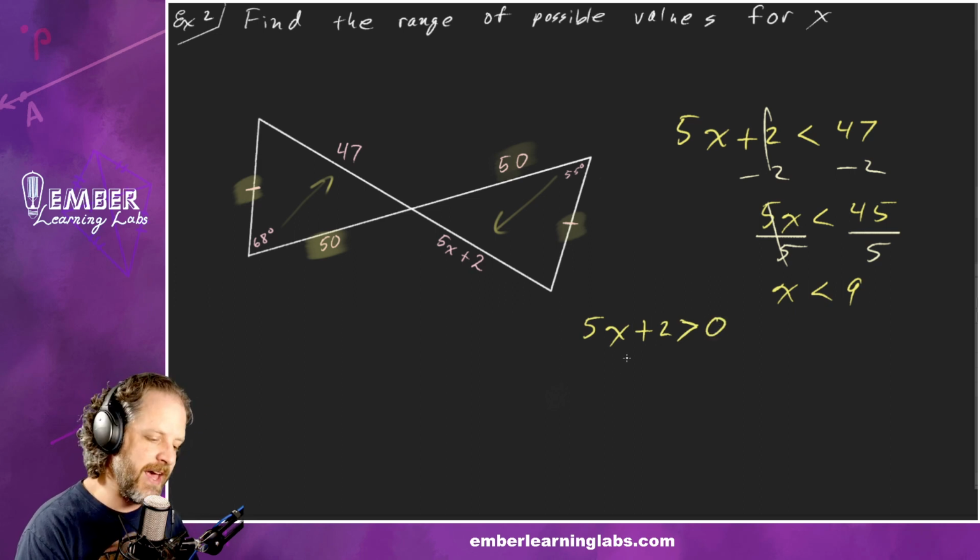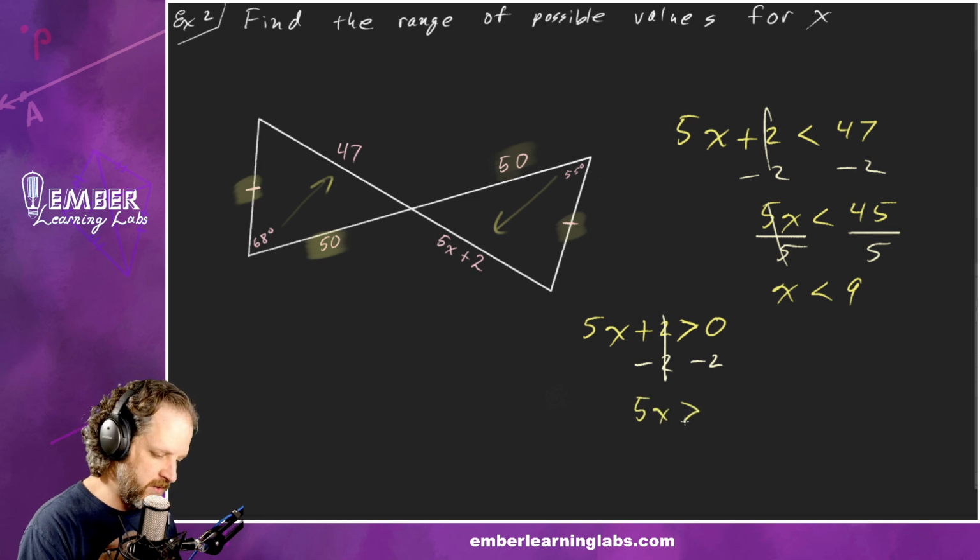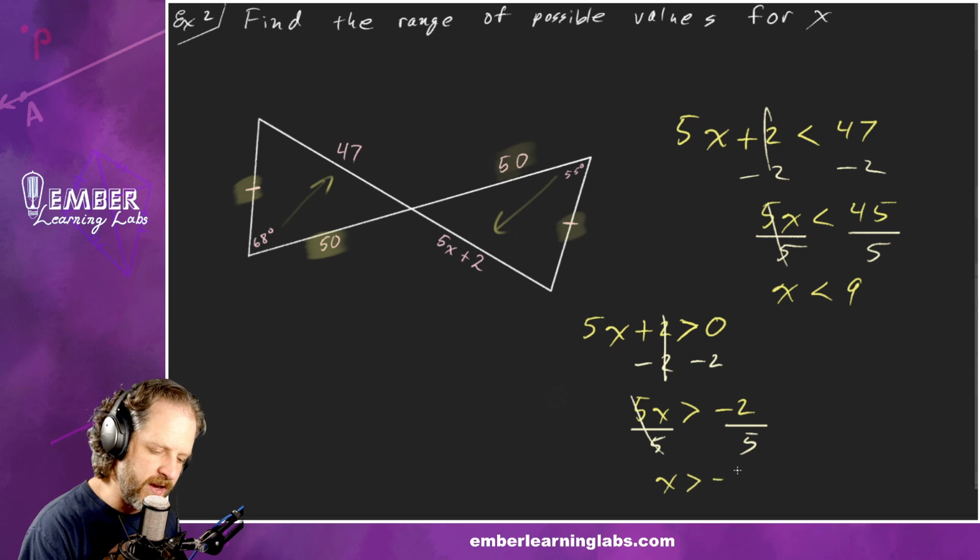I'm going to solve that for x, so we subtract 2 from both sides. That cancels, leaving us with 5x is greater than negative 2. I'm going to divide by 5 on both sides. So x has got to be greater than negative 2/5.